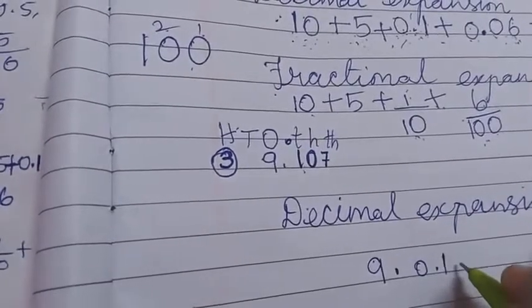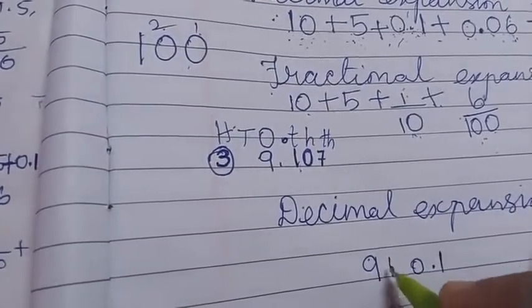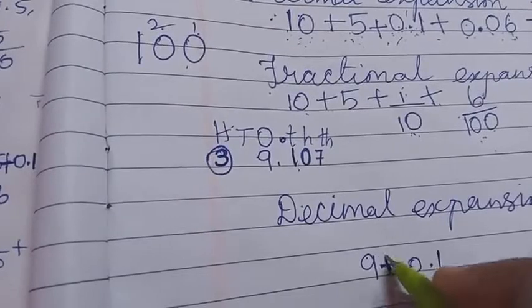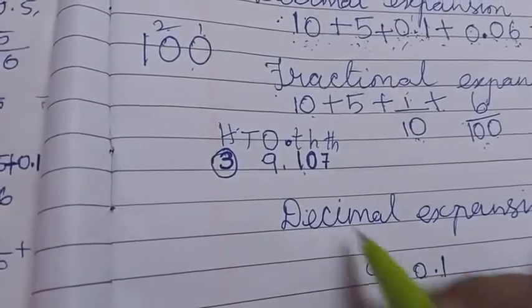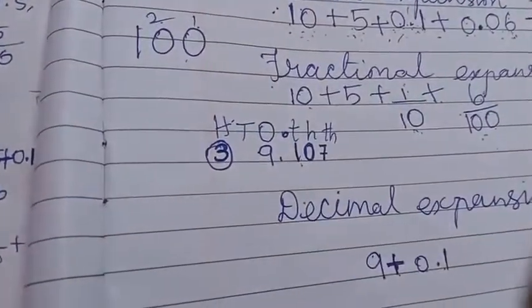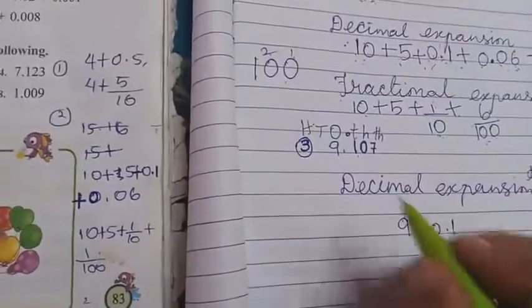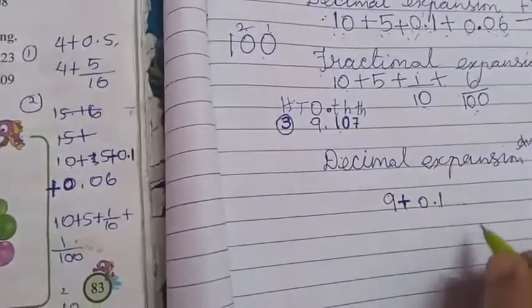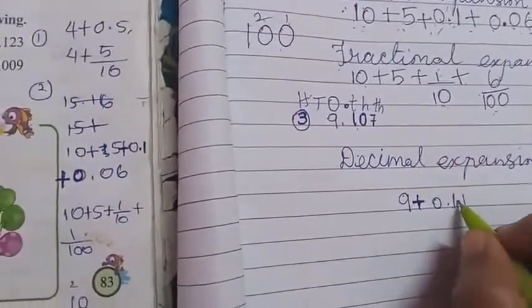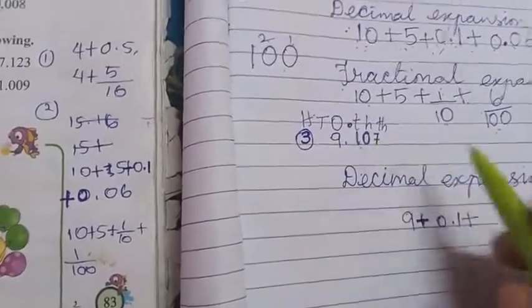Write here plus 9 plus 0.1 and then 0 in the hundredths place. Only 0 is there, so we will not take it because it has no value.